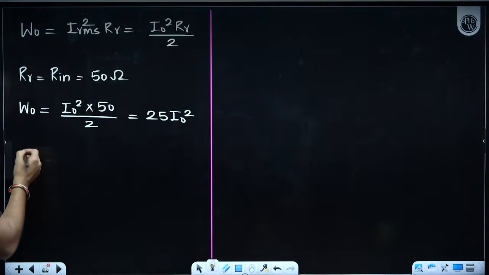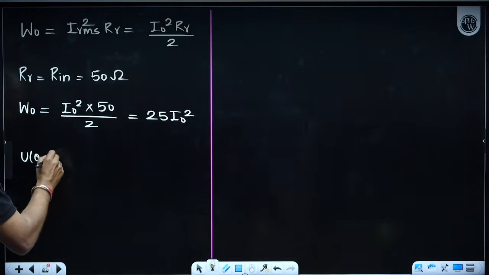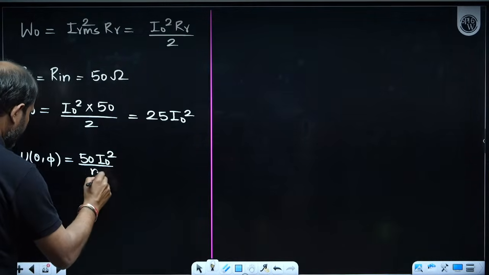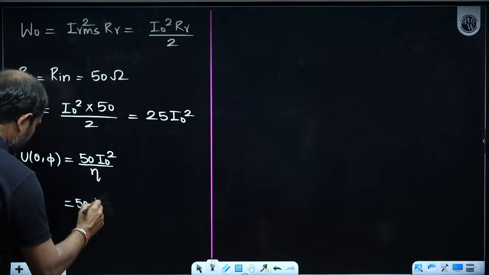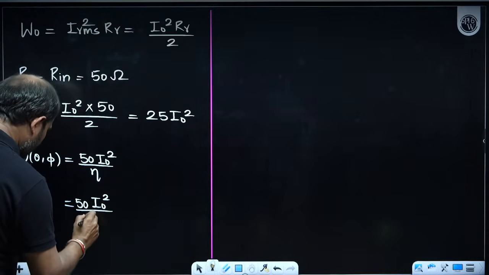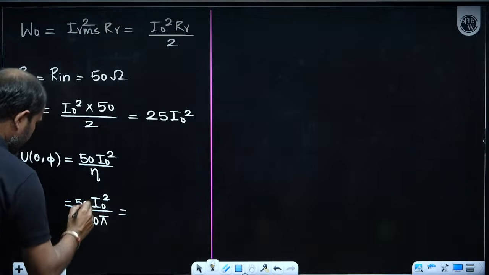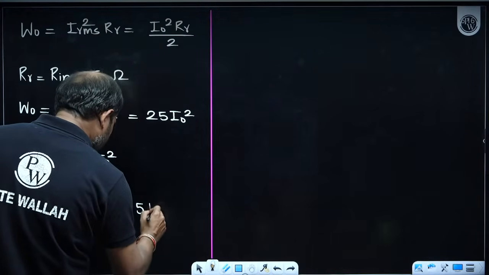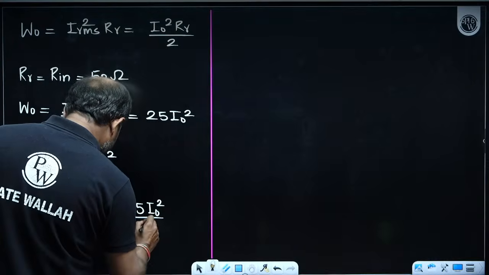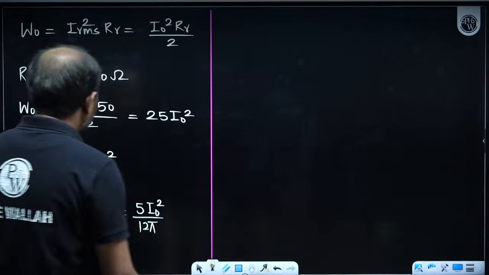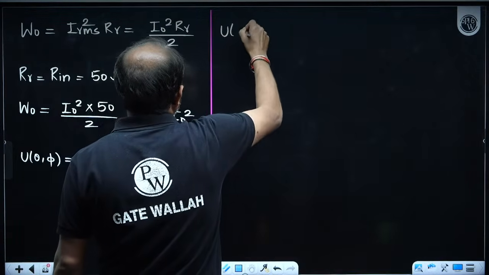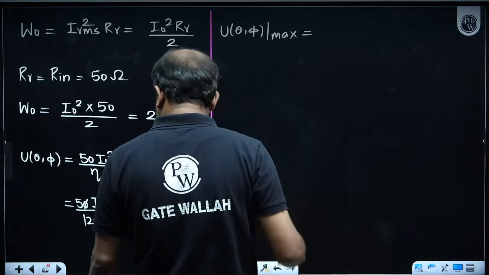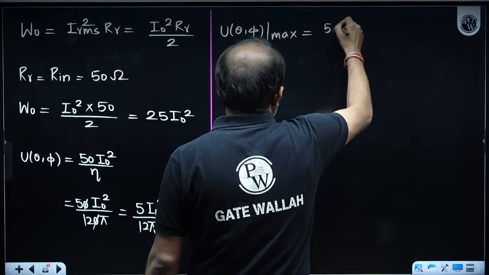Then u theta phi is equal to 50 I naught square upon eta. Eta is 120 pi, so the zeros will be cancelled out: 5 I naught square upon 12 pi. Then u theta phi maximum is equal to 5 I naught square upon 12 pi.